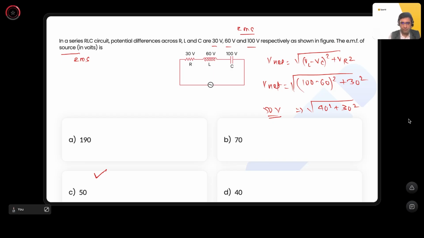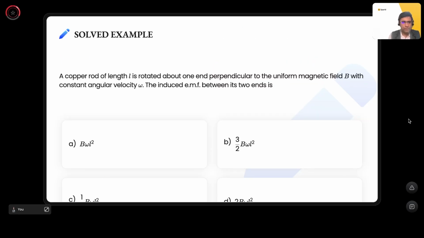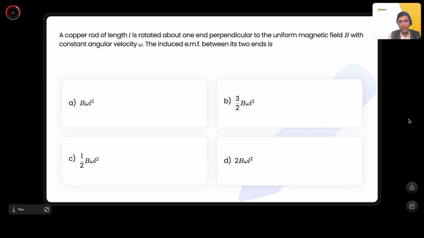All right. Next question. The copper rod of length L is rotated about one end perpendicular to the uniform magnetic field with constant angular velocity. So you might have seen such questions. Definitely, this is a standard question, and maybe it is being treated like a standard result. So there is a rod.